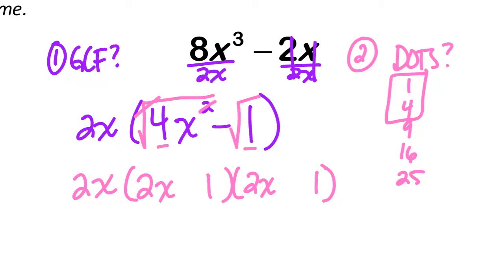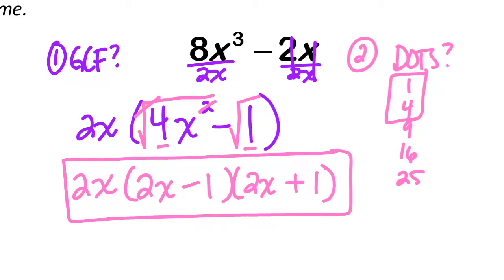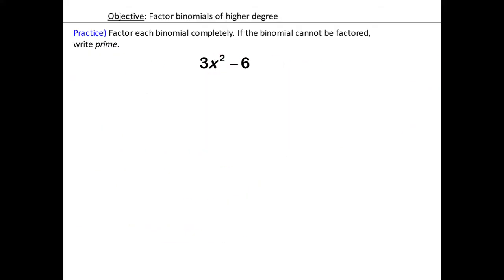So you put 1 on both of those. And then you put a minus and a plus, or a plus and a minus. That order doesn't matter. And then I don't have any more x squareds, so we're finished there. Okay? All right. So that one was a little bit complicated, I guess.